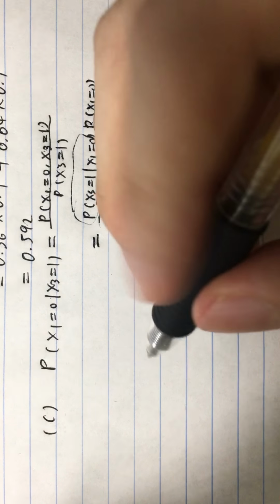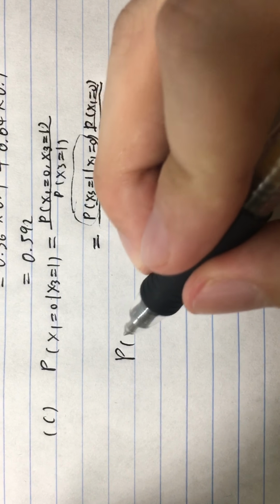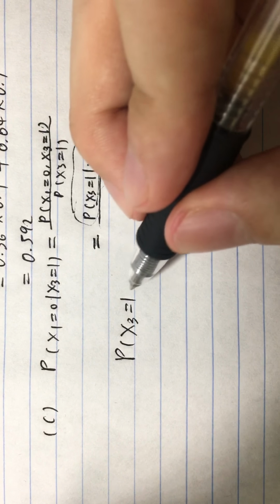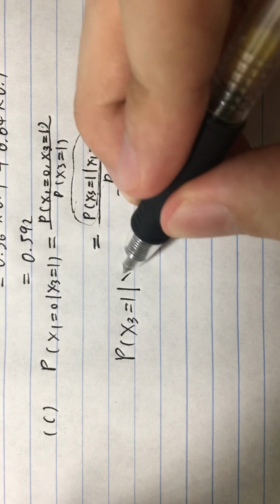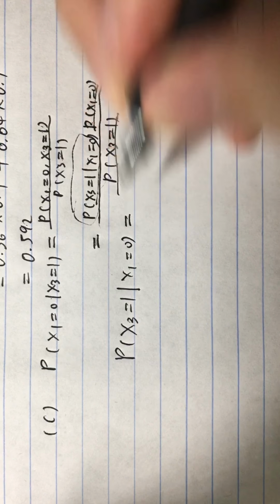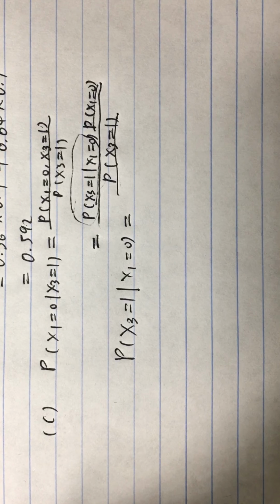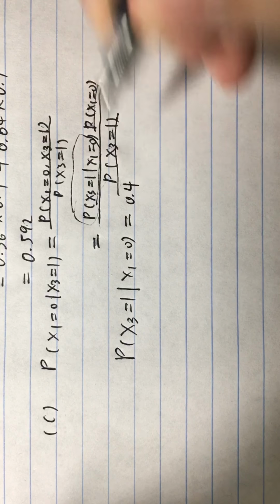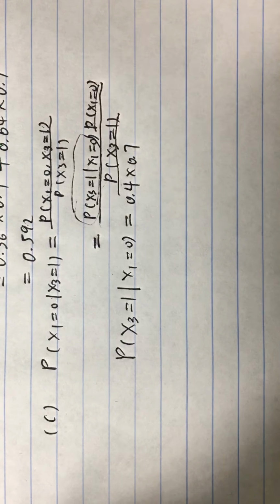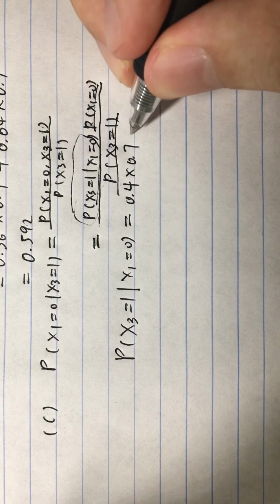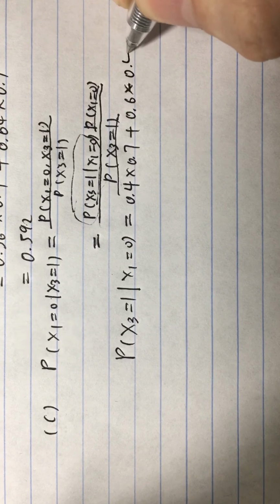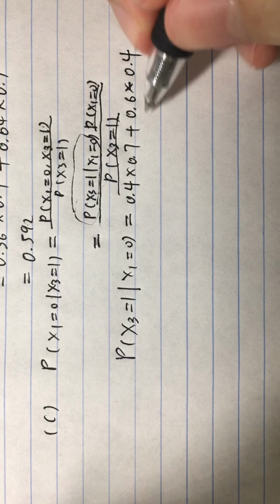So then let's go on. The probability x3 equals 1 when x1 equals 0 equals 0.4 multiplied by 0.7 plus 0.6 multiplied by 0.4.